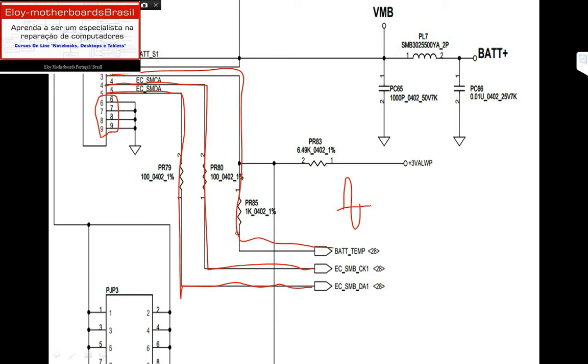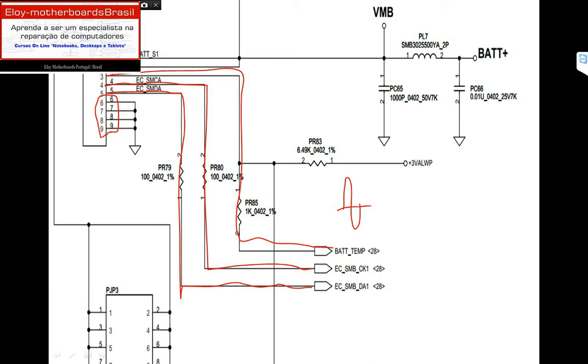As you might know, batteries from computers are not simply batteries, like a car battery or most batteries. They are called smart batteries. Why smart? Because they have the ability not only to charge the computer and receive charge from it, but to communicate with the computer. Hey, listen, I'm 15%. Hey, listen, I'm 100%.